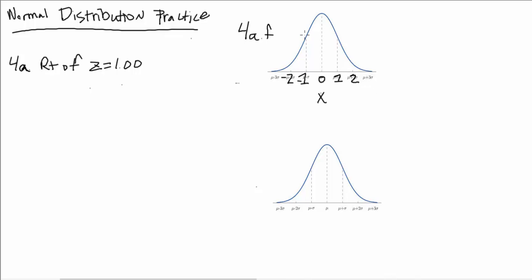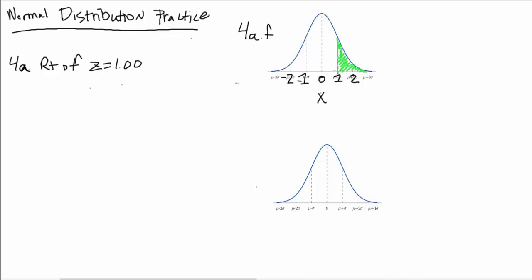Now that I have that set up, I can say, what area is this question asking me to find? I'm going to change to a different color, and we're looking to the right of z equals 1.00. That's this line right here. This is our z equals 1. It wants to know what proportion of people fall in this shaded green section.